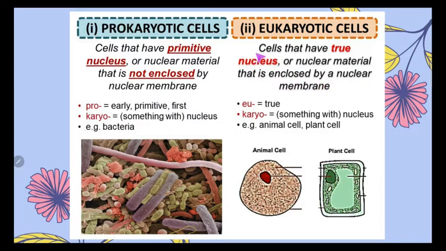So, differing from prokaryotic cells, they have a true nucleus, which means the nuclear material or the DNA is enclosed by a nuclear membrane. Eu from eukaryotic means true, and karyo is something to do with the nucleus. Of course, it has a true nucleus. Examples of eukaryotic cells are animal cells and plant cells.